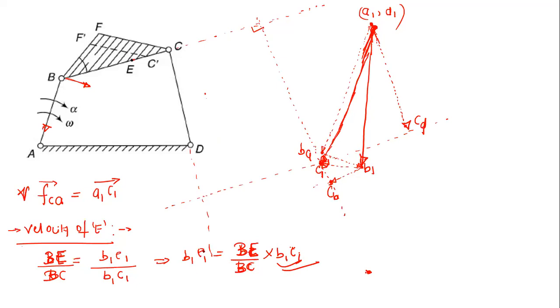Once you calculate this magnitude, just draw that length on this vector B1 C1 somewhere here. This will be, let's say, your point E1. Now you just take the direction like this. So this is how you are going to calculate the acceleration of the intermediate point.